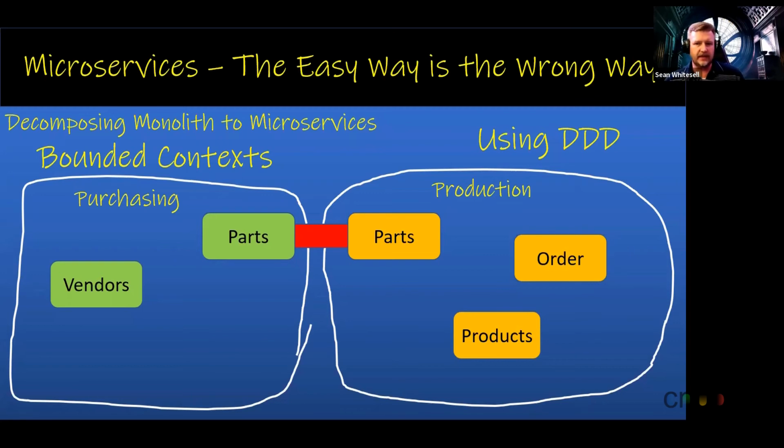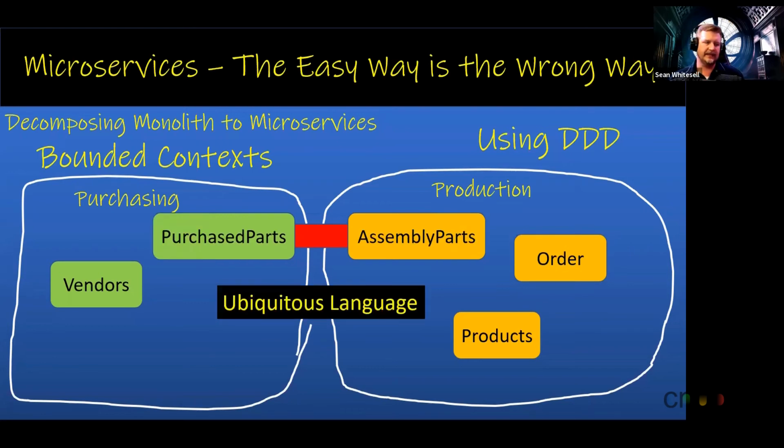So the first thing, and this is regarding domain-driven design, is that we notice that we have parts and we have parts. So with domain-driven design, one of the main tenets is that you should have a ubiquitous language, which means that as you're looking at these different pieces and you notice things are ambiguous, find a way to change them so that they are not ambiguous, so that they become ubiquitous instead.